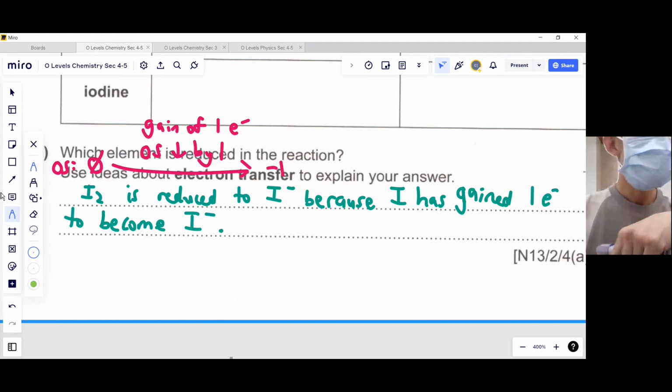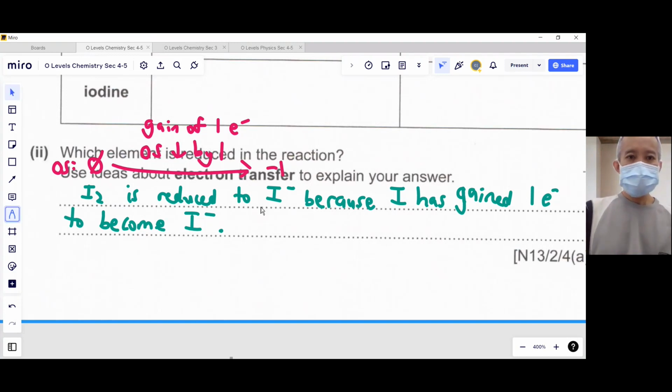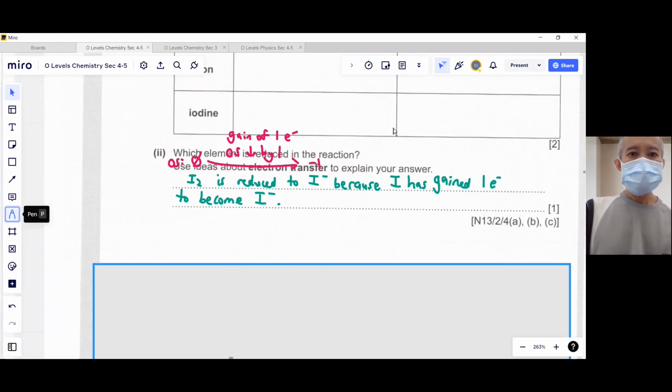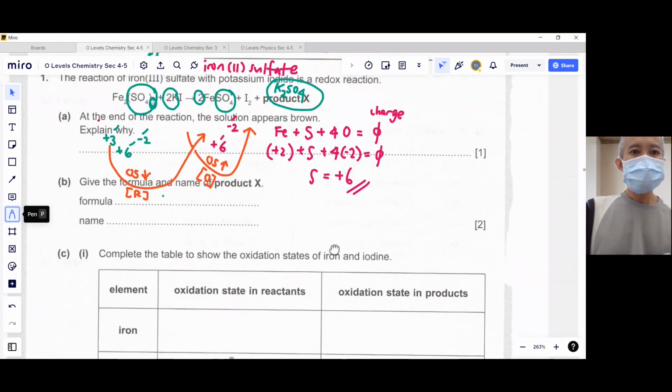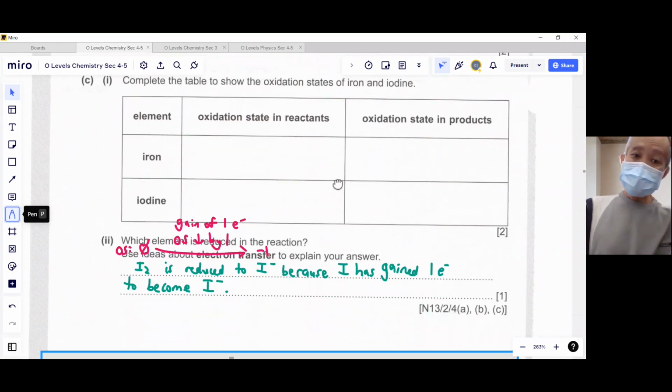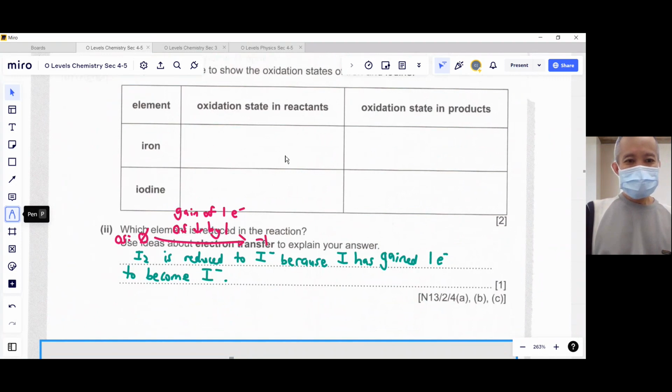Oh, but let's go further. Where does the electron come from? Pick one. Let me look again. Oh, okay, let me double check. Yeah, sorry, I was looking at it the other way.